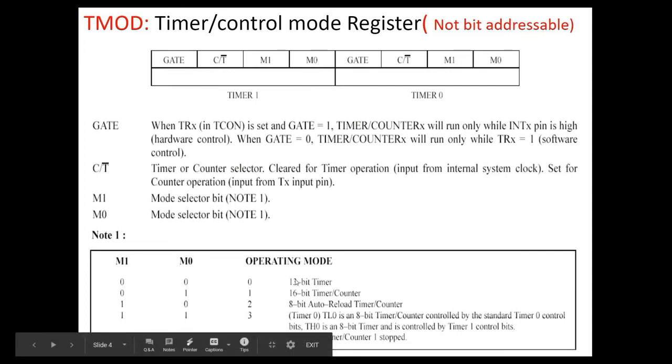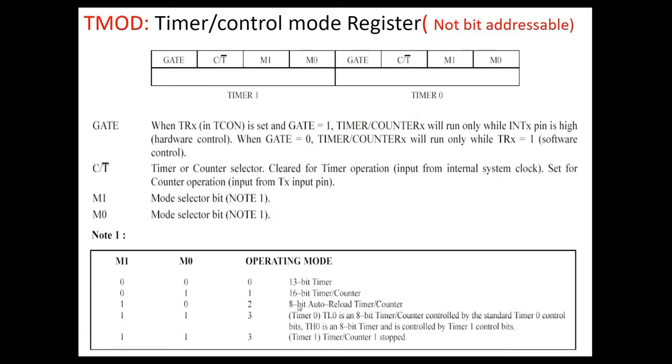Mode 1 provides a 16-bit timer or counter, mode 2 gives an 8-bit auto reload timer or counter, and mode 3 is an 8-bit timer or counter controlled by the standard timer 0 control bits. Here we'll mainly discuss mode 1 and mode 2 programming, where mode 1 is a 16-bit timer and mode 2 is an 8-bit auto reload timer.